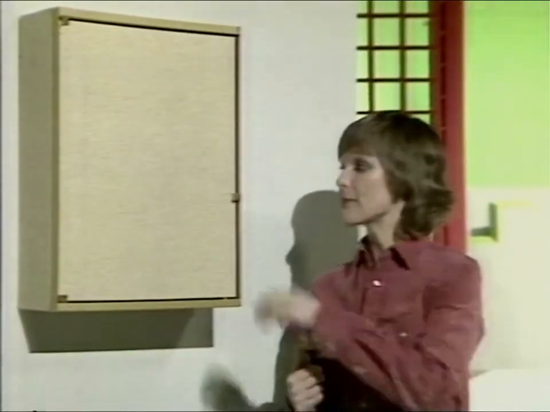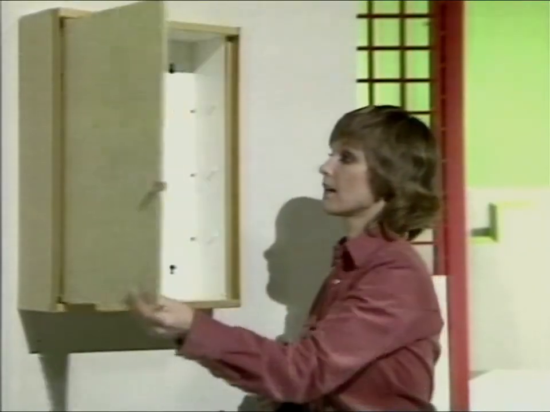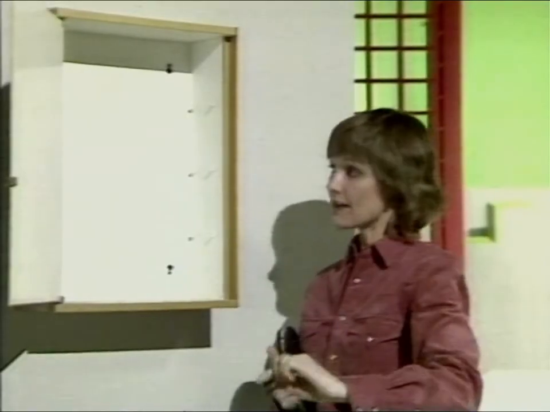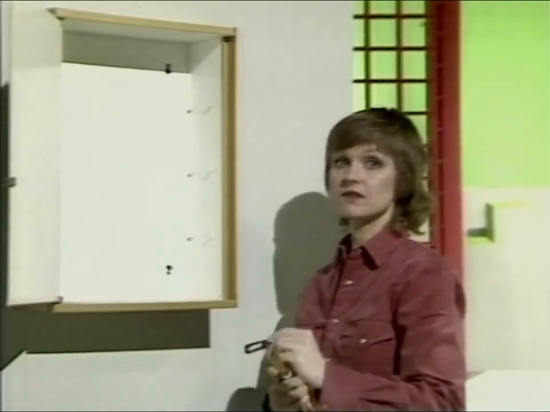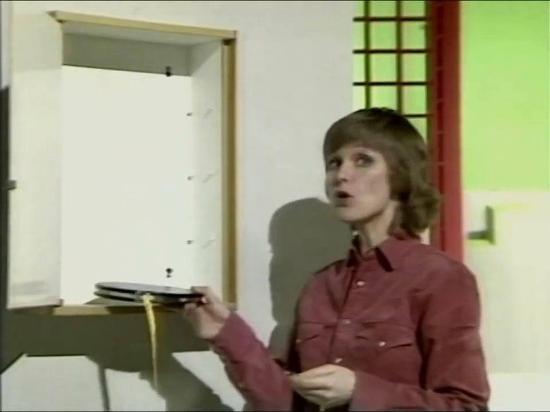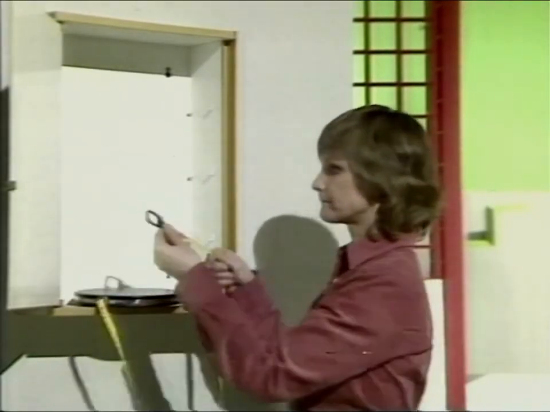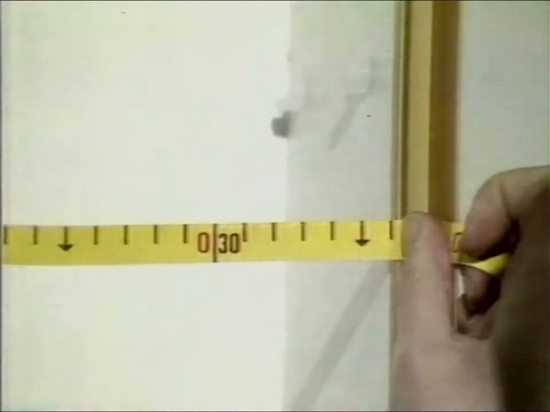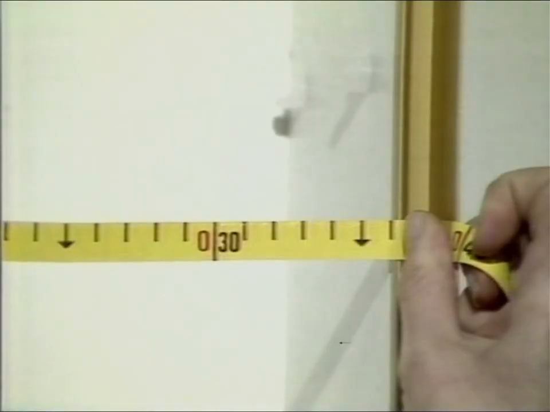This is a bathroom cabinet. And it needs a shelf. And the length of the shelf needs to be, well, I'd estimate it's less than a metre, so it'll be 0 point something. .36.